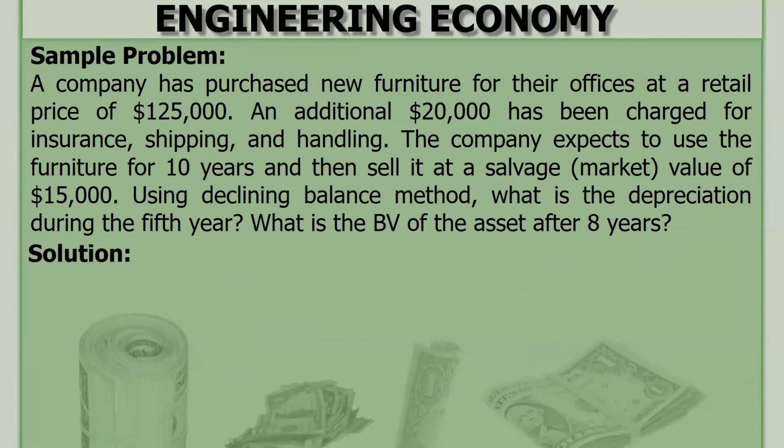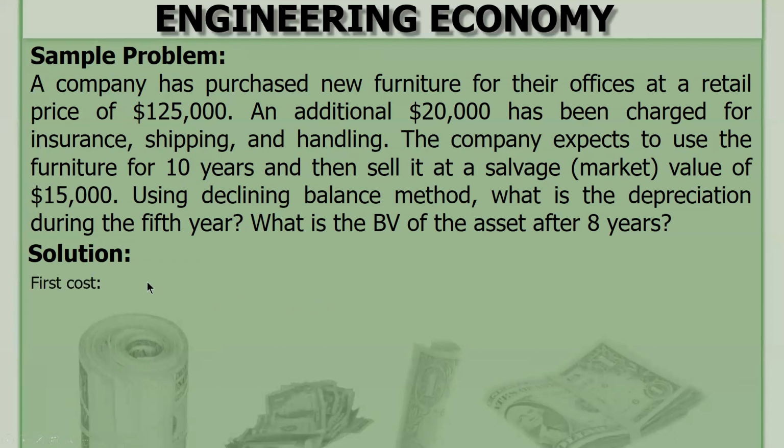The company expects to use the furniture for 10 years and then sell it at a salvage or market value of $15,000. Using declining balance method, what is the depreciation during the fifth year? And what is the book value of the asset after 8 years?